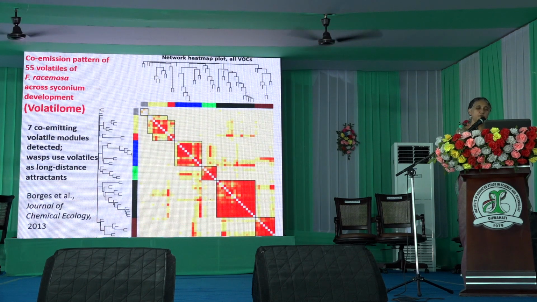So we have transcriptome, proteome, and now we have a volatilome, which is actually the expression of genes which are causing these volatiles to be emitted. Most of them are terpenes and sesquiterpenes, and we've been able to show how the volatilome changes with developmental time.